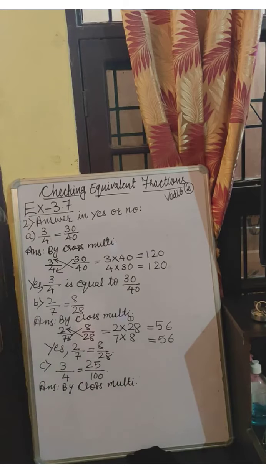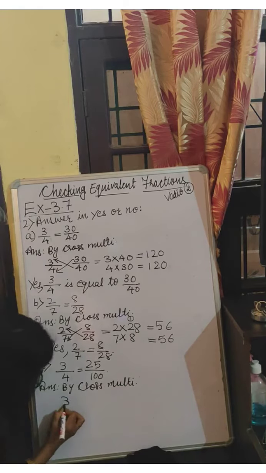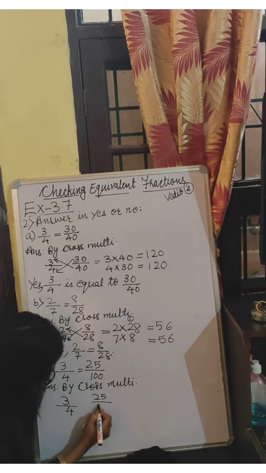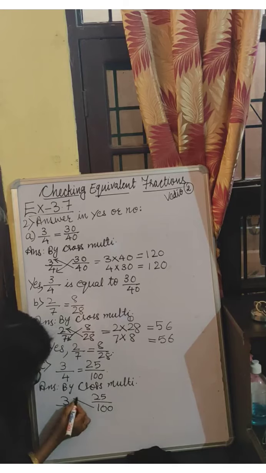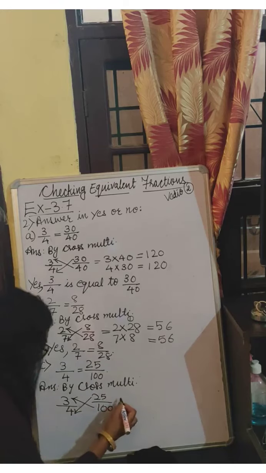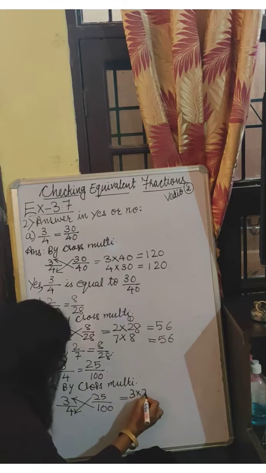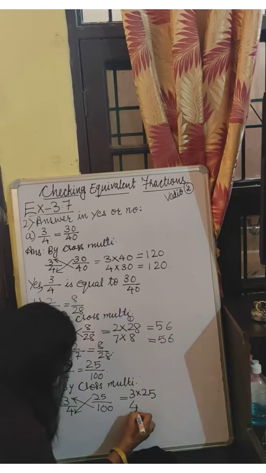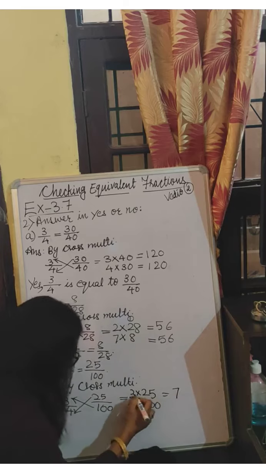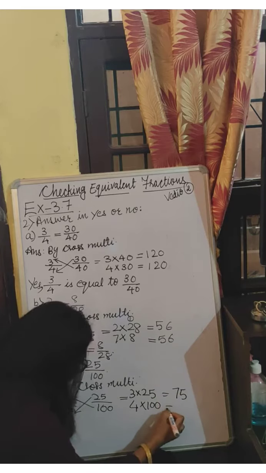Okay. 3 upon 4 equal to 25 upon 100. Put the arrow. This is the way you can show cross multiplication. Cross each other. Okay. It is equal to 3 into 25 and 4 into 100. 3 into 25. 25 3s are 75.